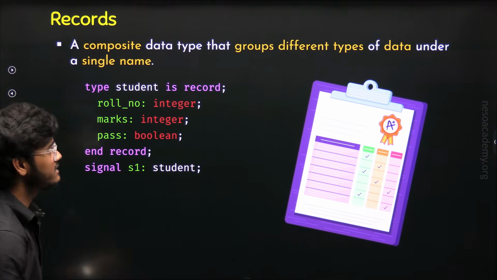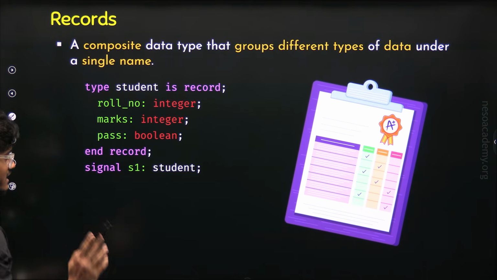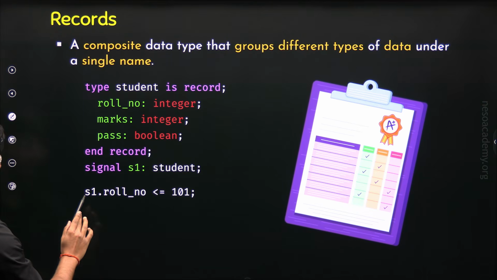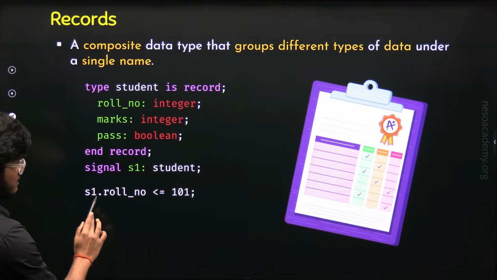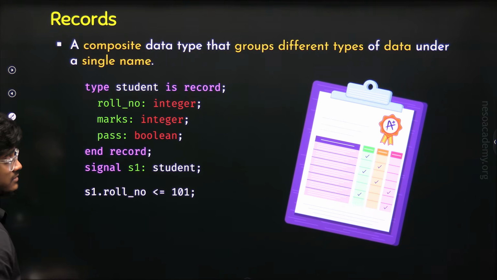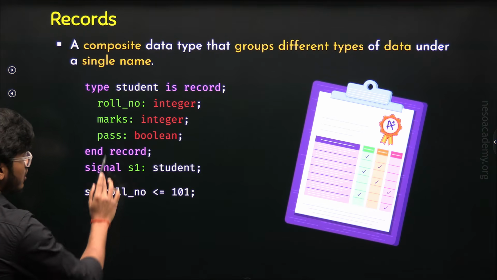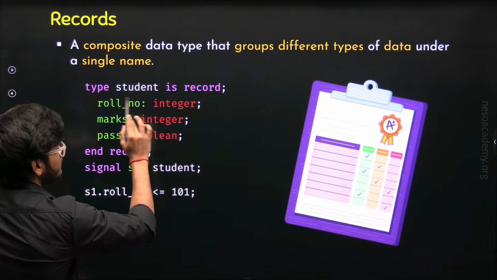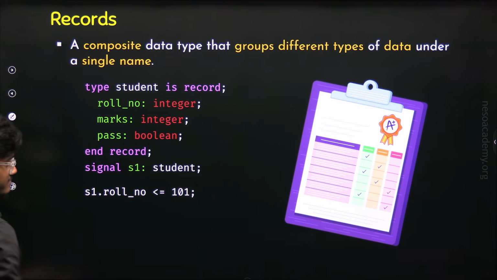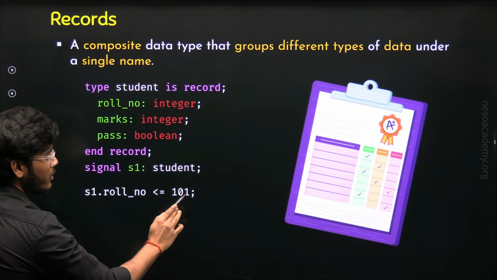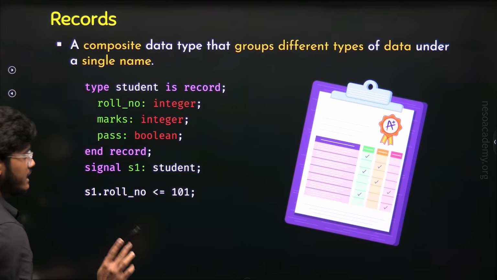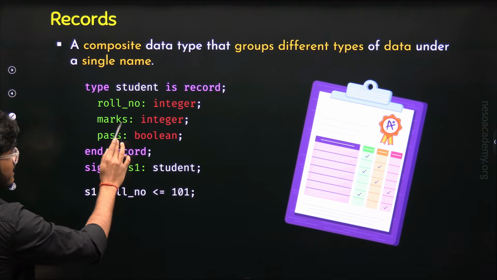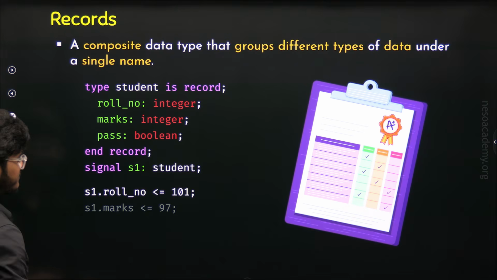Now how to assign this record? Let's see. I will write S1 dot roll number. Now, dot is the access operator, meaning access roll number from the record of student for the S1 and assign a fixed integer value, for example 101, using the signal assignment operator. In the same way, we can access marks and the passing status.